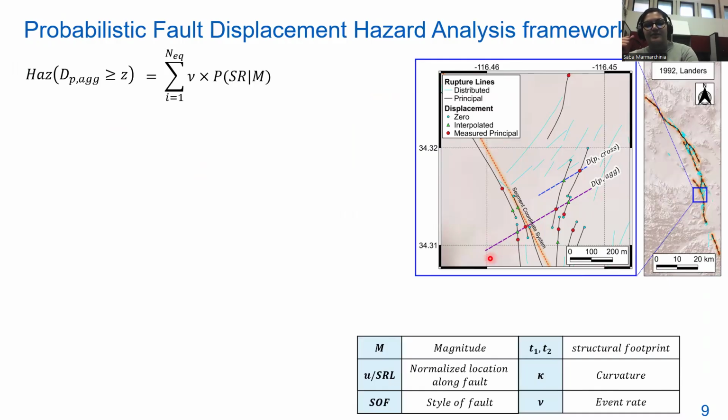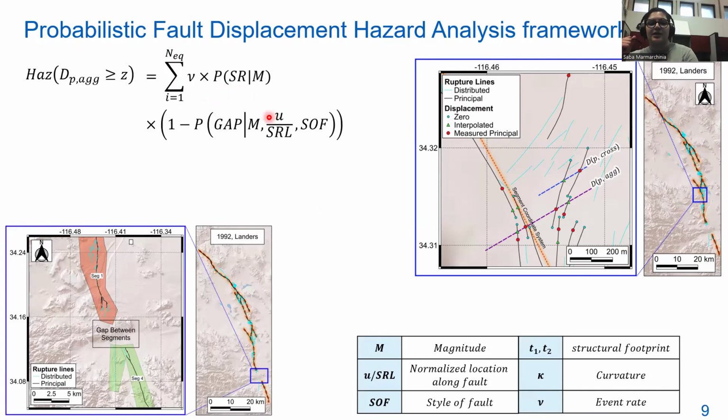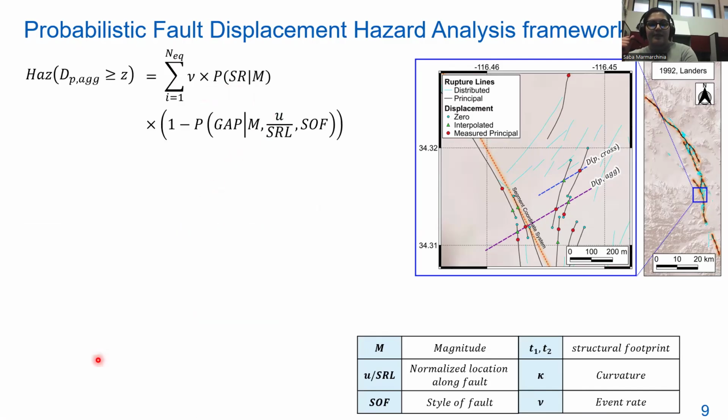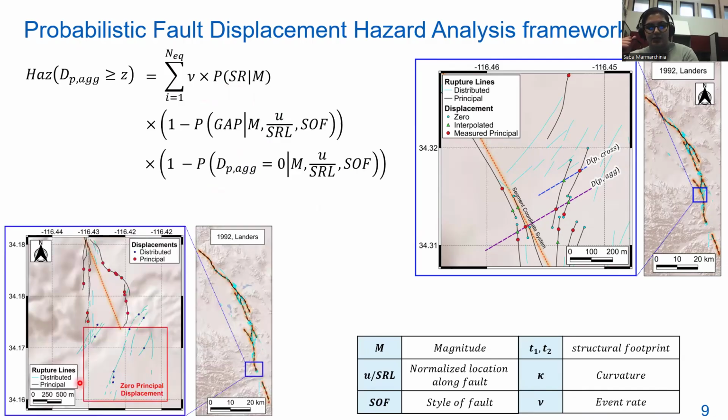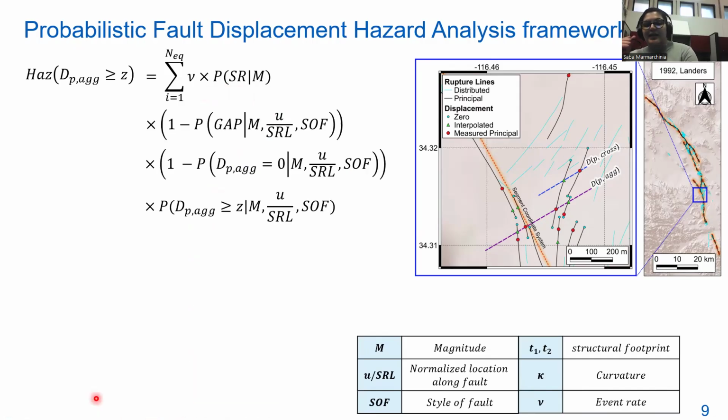For this, the formulation is defined as the summation over all possible scenarios using the event rate, the probability of surface rupture happening, the probability of not being in the gap between segments, like in this figure, and the probability that the aggregate principal displacement is not 0. And the last component is the probability of exceedance for aggregate displacement.